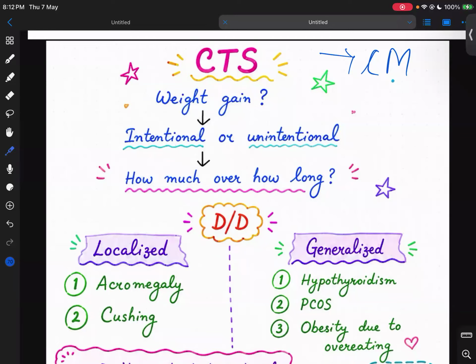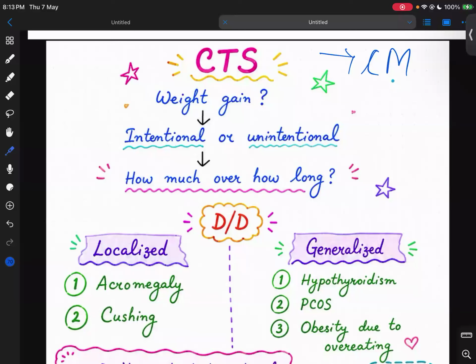In real life, you will see a lot of cases, like rheumatoid arthritis can also cause carpal tunnel syndrome. But up to now, I have not seen any case of carpal tunnel syndrome given on the background of rheumatoid arthritis. That is why, to make it simpler, I tell the doctors to just remember the weight gain approach for carpal tunnel syndrome, and you will get your diagnosis.